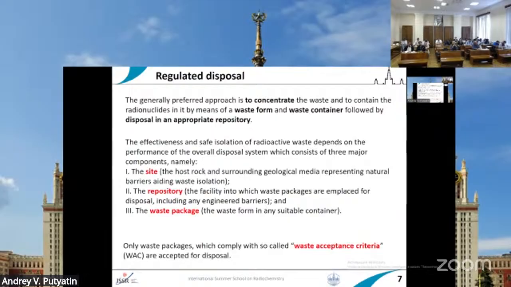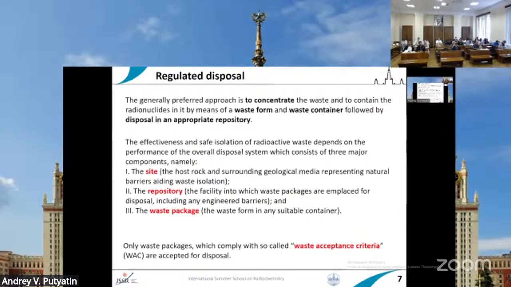The idea of the pre-treatment of the radioactive waste that we'll see later in the next lectures is, first of all, sorting of the radioactive waste, and also to concentrate and minimize the volume of the radioactive waste for better economic efficiency.